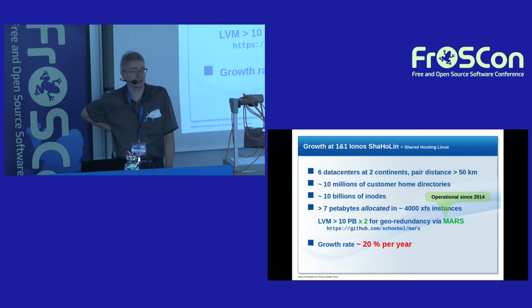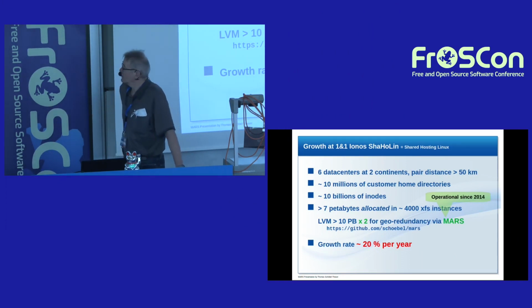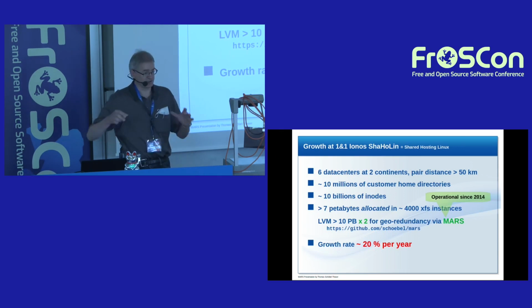So the data centers are under construction in some way, but some servers of this platform are already present. The number of customers is in the millions range. Then the number of inodes, the number of files and directories, is in the billions range. And this makes a difference.